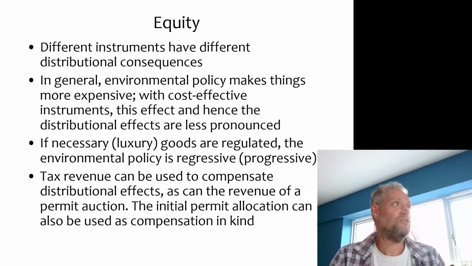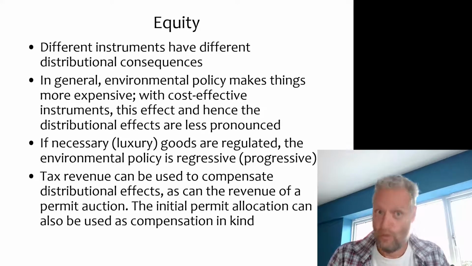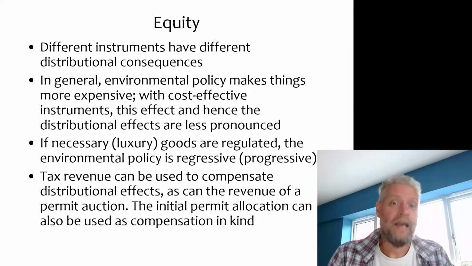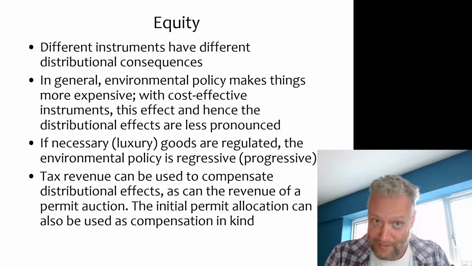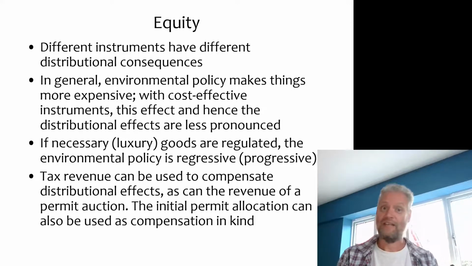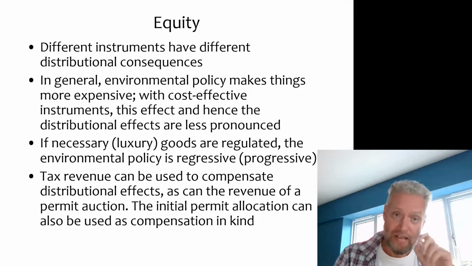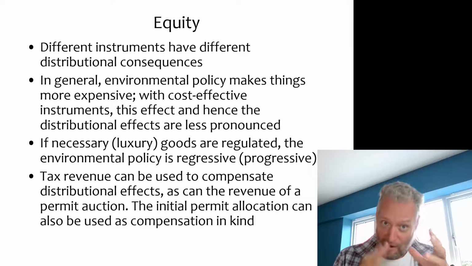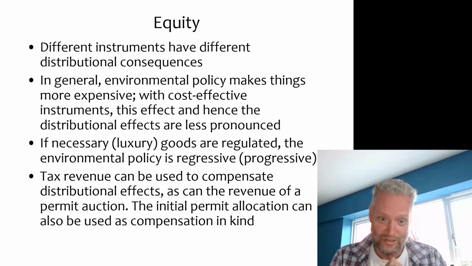Now, the good thing about taxes and the good thing about auctioned tradable permits is that the government has a revenue at its disposal. And with that revenue, it can do nice things for the people who are hardest hit. It can increase unemployment benefits or pensions or tax credits or things like that. And that is a big advantage, at least in theory, of using taxes and auctioned tradable permits.